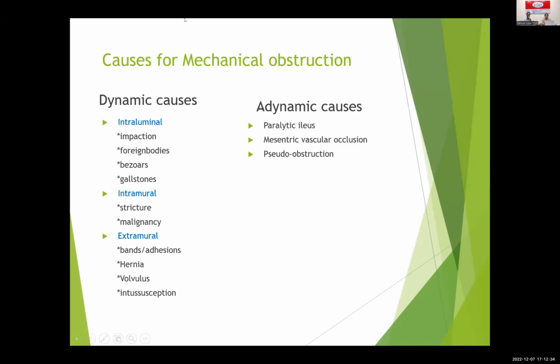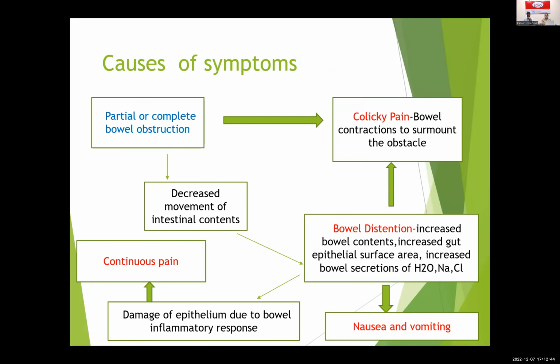Here I was asking regarding these symptoms. So as many of you said, there can be colicky pain, there will be bowel distension, there can be nausea and vomiting, and the pain can be a continuous type of pain also. In this chart, you can see what is causing each symptom.